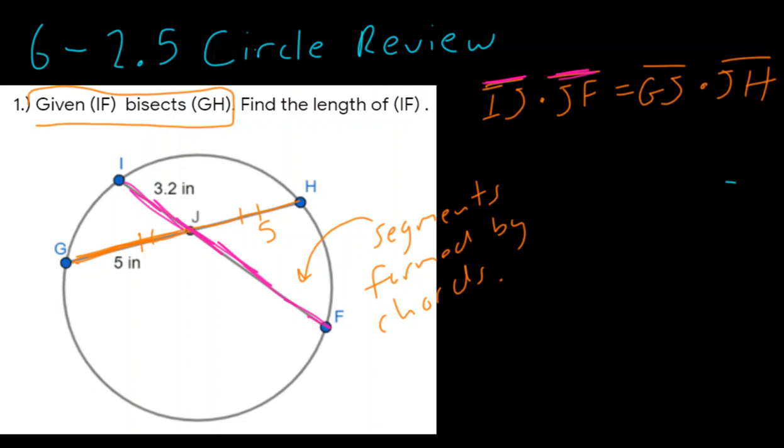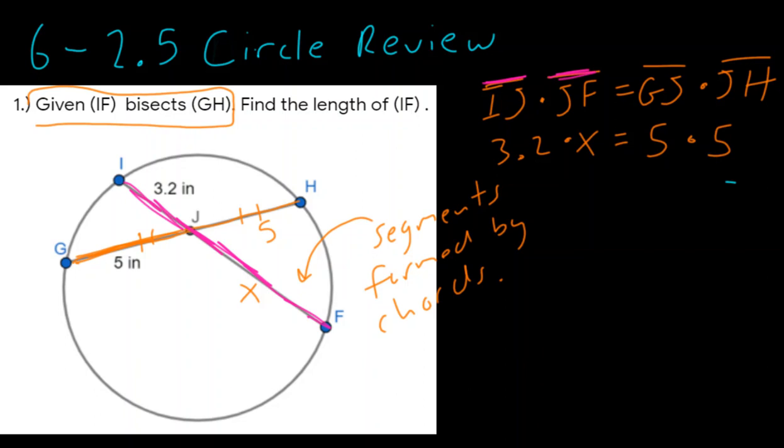Now from there, all you would have to do is plug in the numbers. So for example, we know that IJ is going to be 3.2 times JF, which we don't know. Let's give that the letter X, times X is equal to, and of course GJ is 5 times JH, 5.